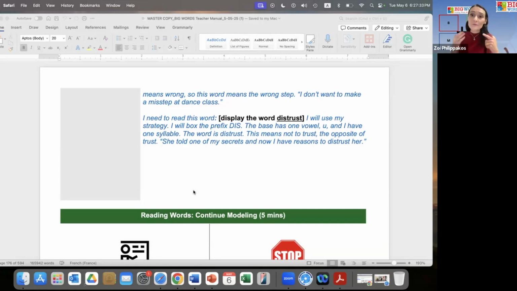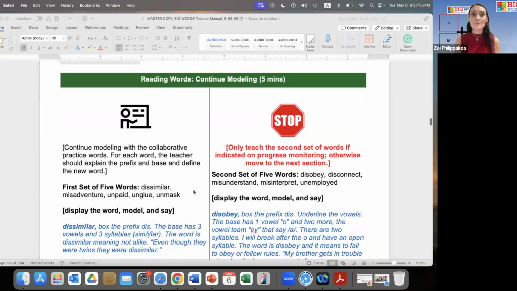Second, if you try at that moment to create a sentence, the sentence you may create may be one that the students may not be able to understand. So that will affect, again, the instructional delivery and the completion of your lesson. So please make sure, one, that you always use a sentence for the words you provide, and secondly, that you are using sentences that we have included in the lessons.